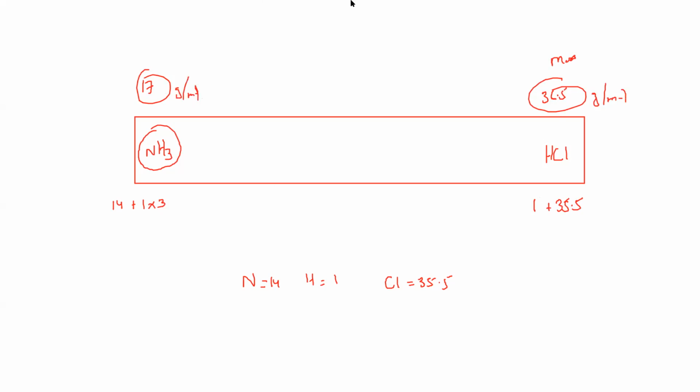Now my question is, you have four options to select from. At which point will the two gases combine? For example, point A, B, C, which is exactly the center of the tube, or D. So the question is, at which position will the two gases combine?